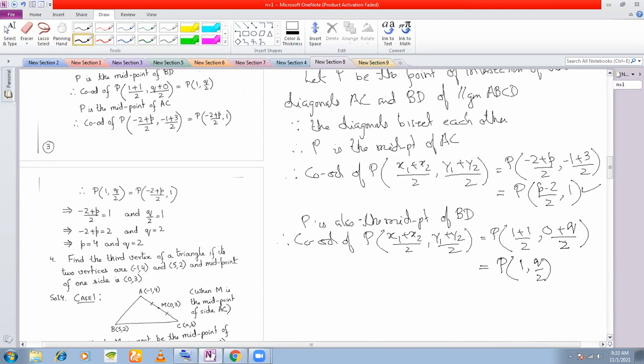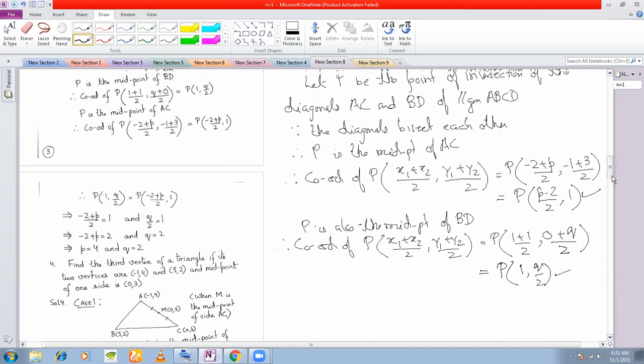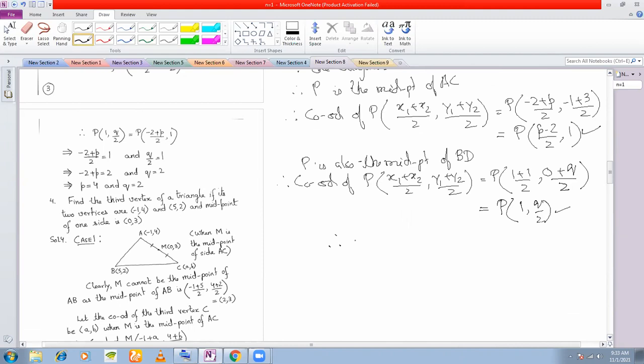Now, for the two coordinates of P, you are getting this and this, because P is the same point. Therefore, these two coordinates must be equal. Therefore, ((p minus 2) by 2, 1) must be equal to (1, q by 2). Now, you equate the x and the y coordinates separately. (p minus 2) by 2 is equal to 1, and 1 is equal to q by 2. Now, you cross multiply and solve for p and q.